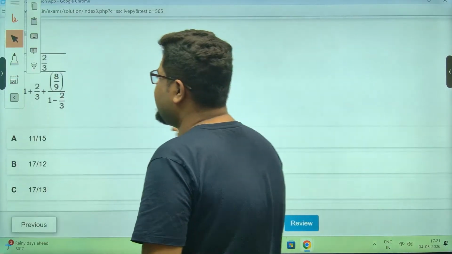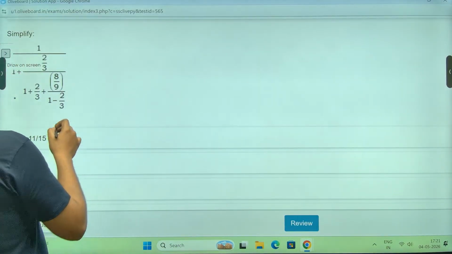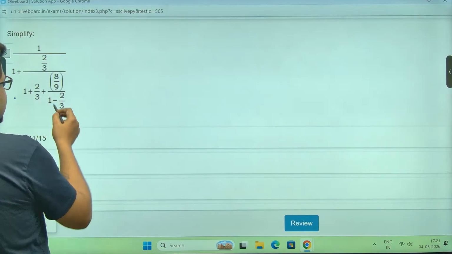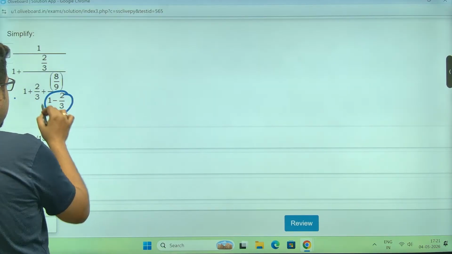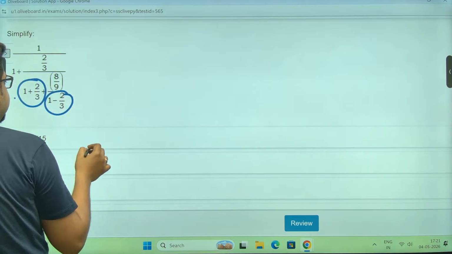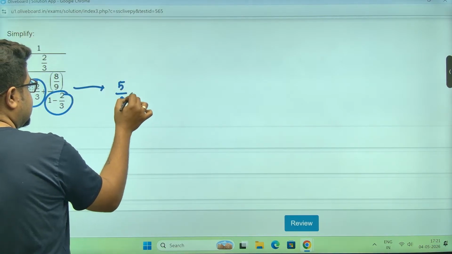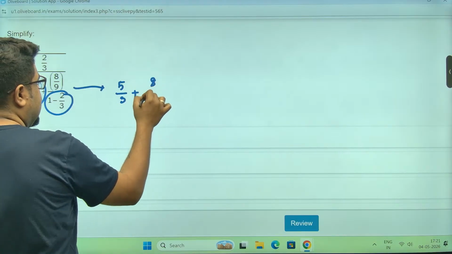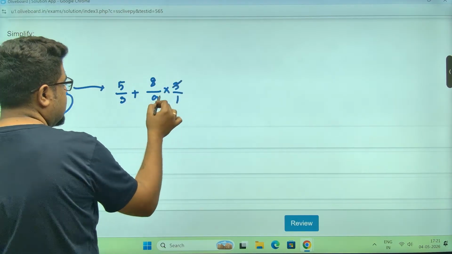Again, a ladder fraction question. Chalo, let's make the ladder fraction, sir. 1 plus 2 by 3 and 1 minus 2 by 3. So this is 1 by 3, sir. And this is 5 by 3. So it is like 5 by 3 plus 8 by 9 into, sir, 1 by 3, meaning 3 by 1.